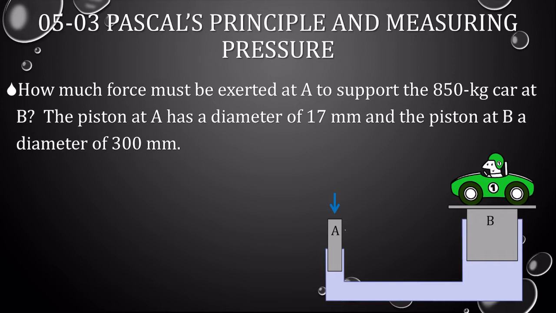So this one has a radius of half of 17, that'd be 8.5 millimeters. And the radius of piston B would be half of 300, or 150 millimeters.